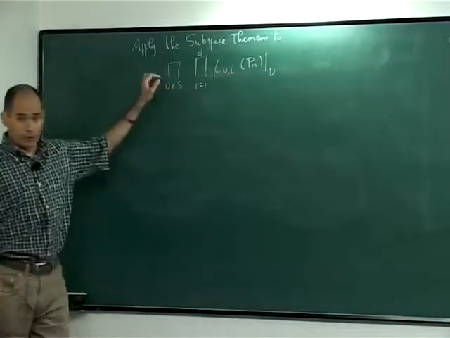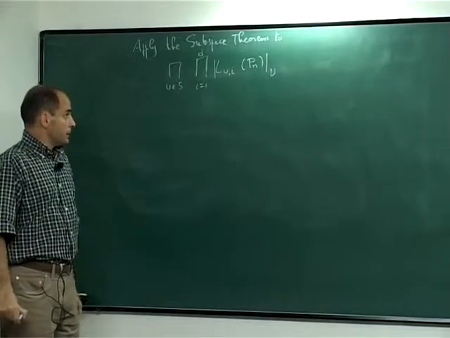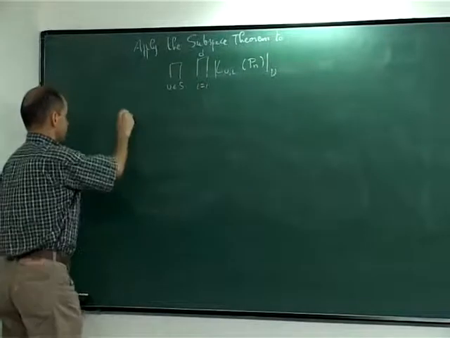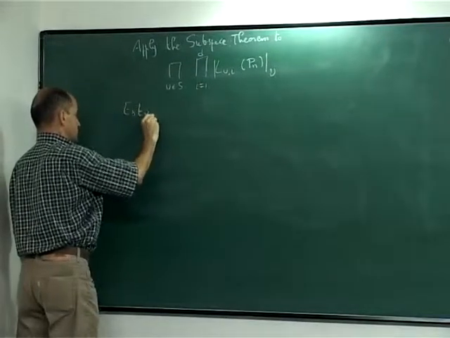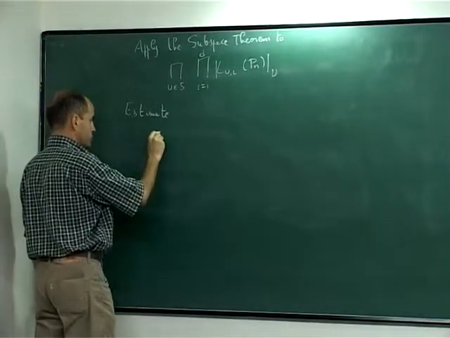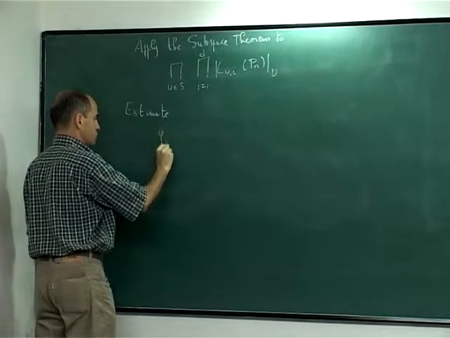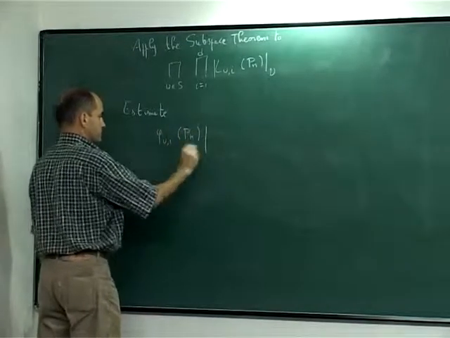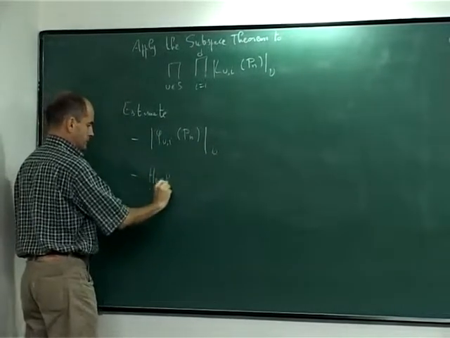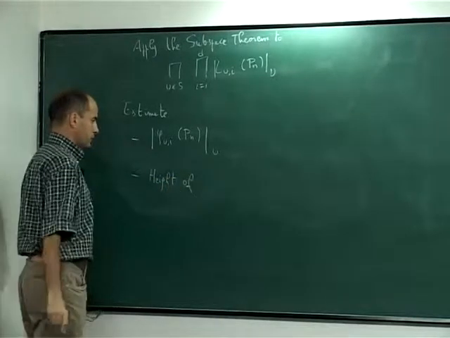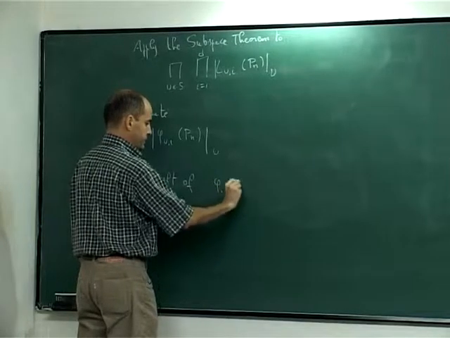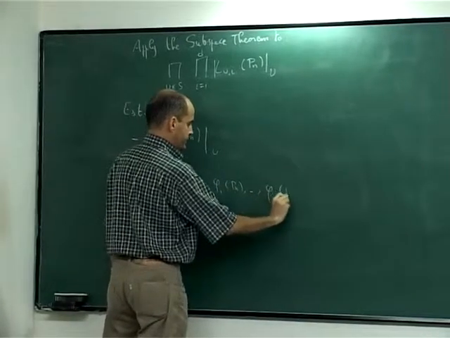And in order to do this, we have to estimate two things. First, the values of phi nu I of Pn, and then the height of the point phi 1 of Pn, ..., phi d of Pn.